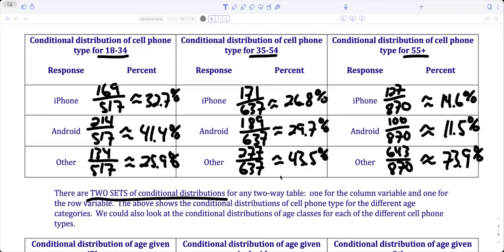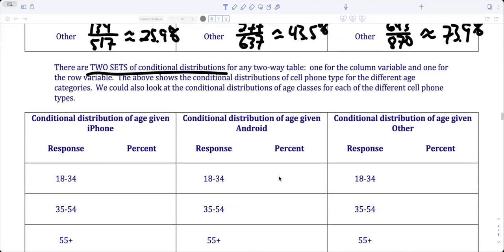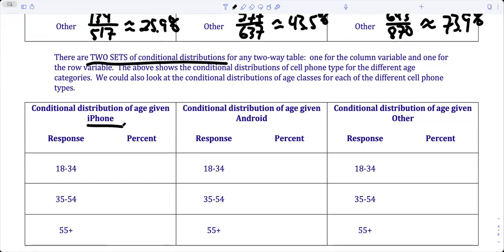Each two-way table has two conditional distributions. There are two sets of conditional distributions for any two-way table, one for the column and one for the row. So let's look at the conditional distribution of age, given the fact that it is an iPhone. In this case, we are just looking at the iPhones.